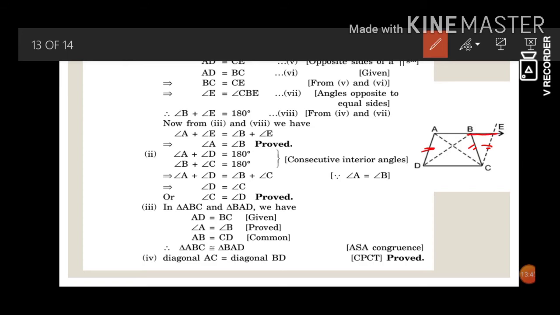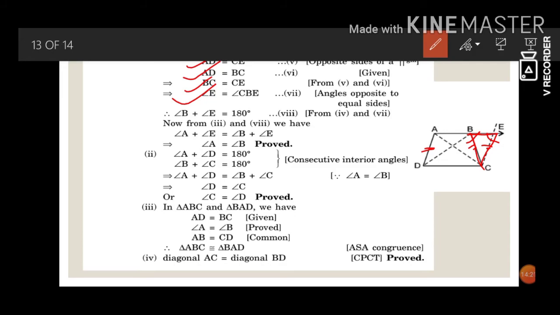So in this triangle BCE we get an isosceles triangle. AD is equal to CE, and we have said AD is equal to BC, that is given. So BC is equal to CE. So the angle E is equal to angle CBE. So this angle and angle B become equal.